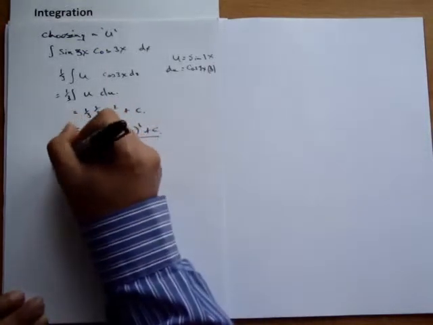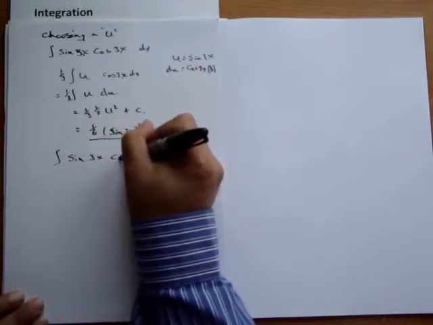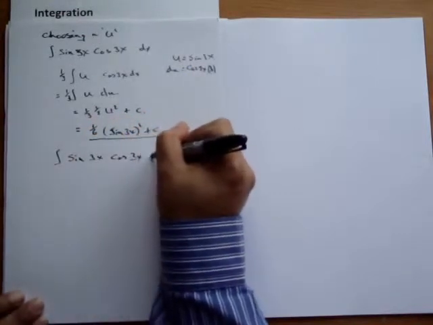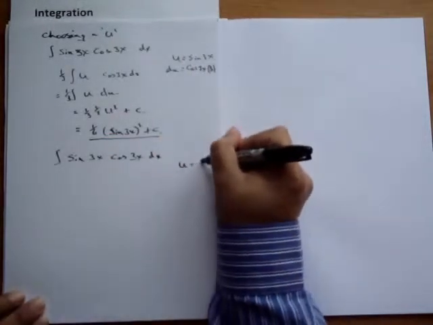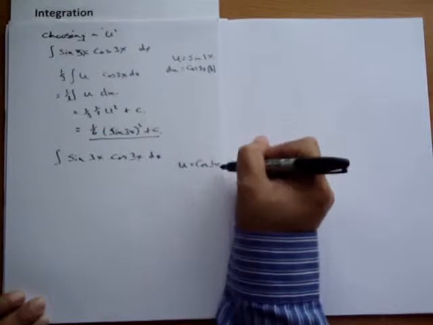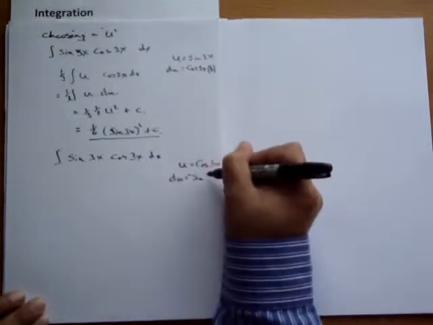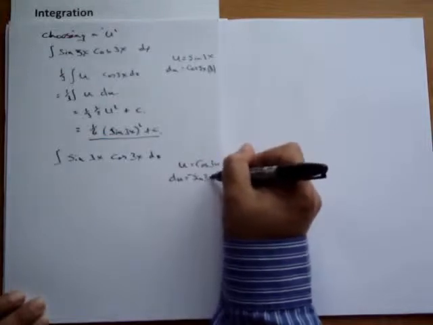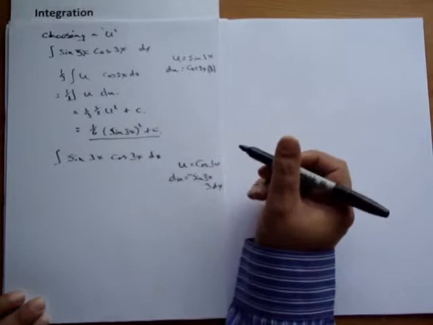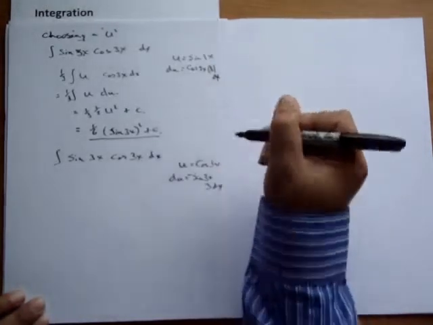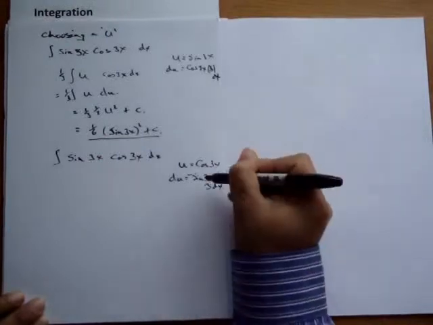Now for the same sine 3x cos 3x dx, if we were to choose u to be the cos 3x, du then becomes minus sine 3x times 3 dx. So there should be dx there. Minus sine 3x 3 dx.